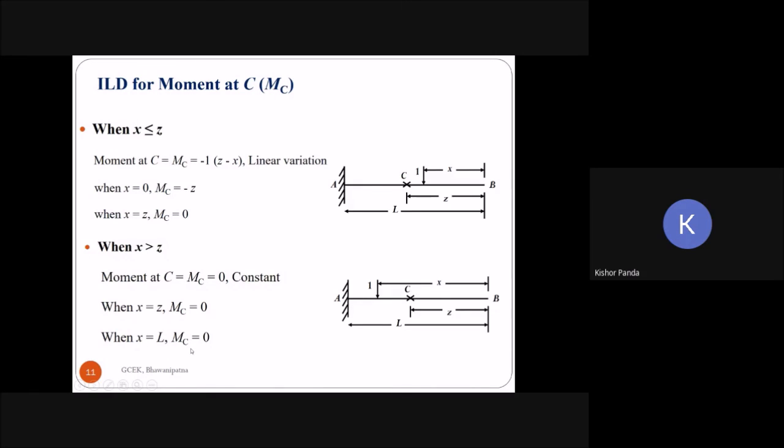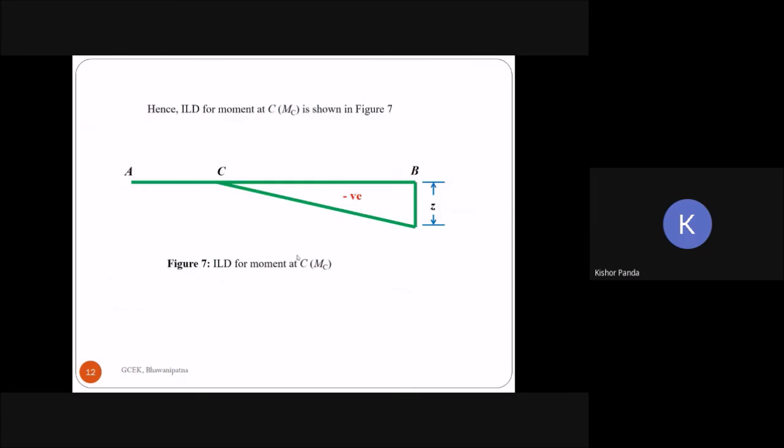So the bending moment is 0 between A and C. When the unit load is present between A and C, that is when X is greater than Z, the influence line diagram between A and C is equal to 0. This is the complete influence line diagram for the moment at C.